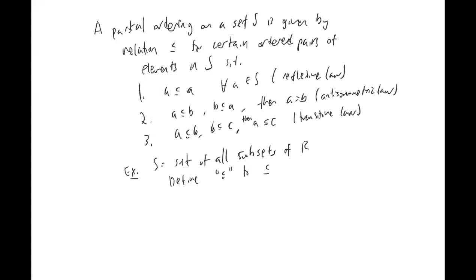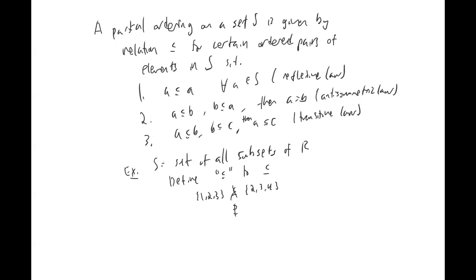For example, the sets {1, 2, 3} and {2, 3, 4}: it's not true that one is contained in the other, so these can't be compared, because they're not subsets of each other. Does everyone see that? So that's what we mean by partial ordering.